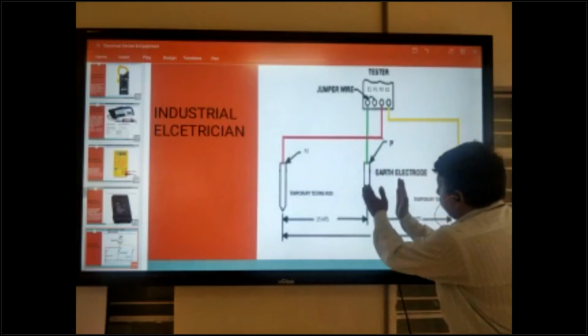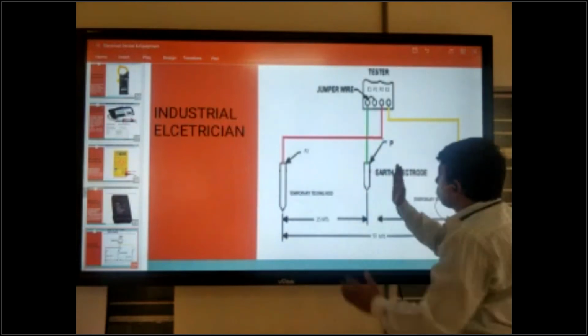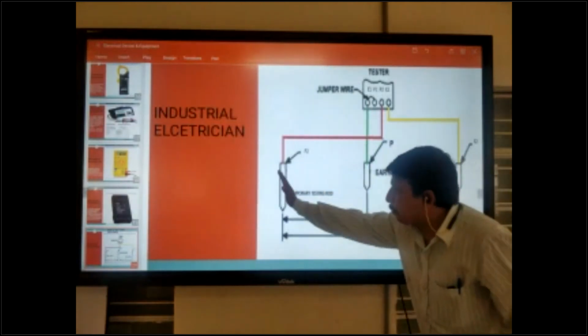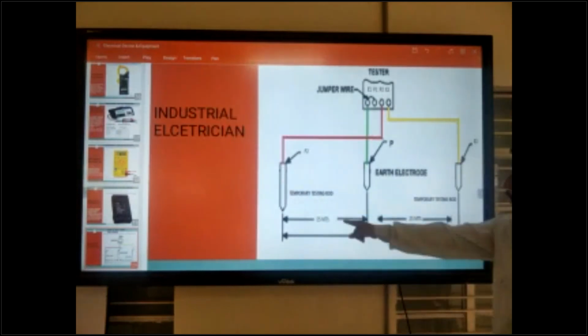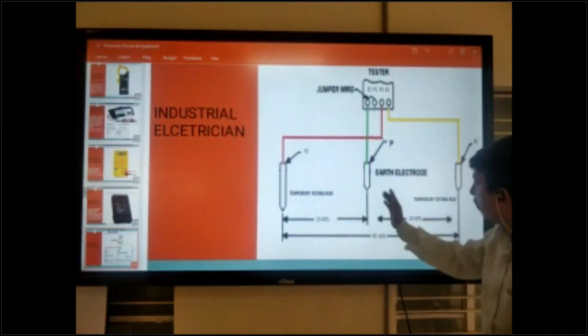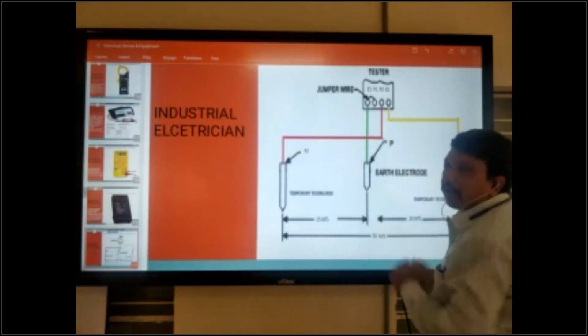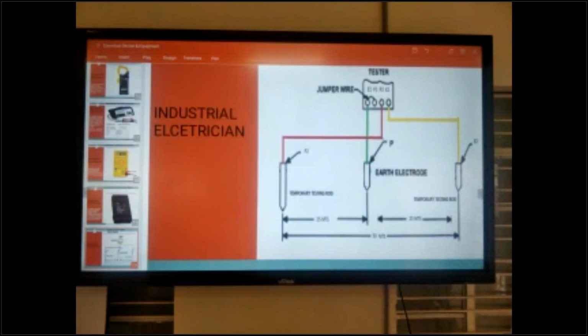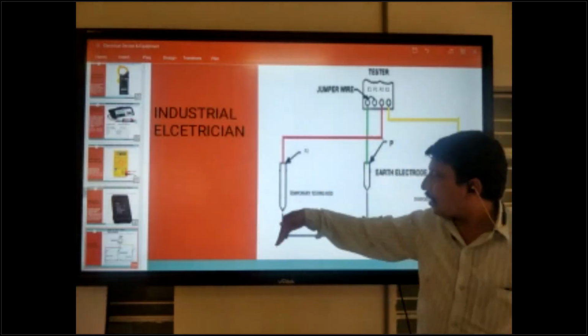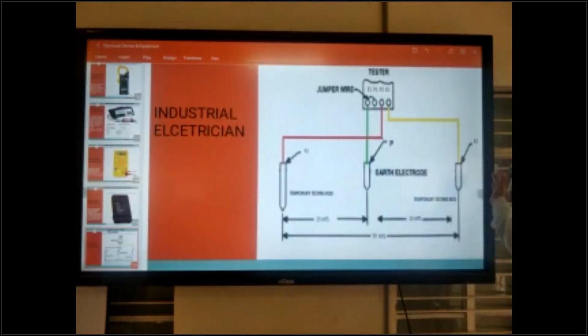So what is the distance between the permanent rod and the temporary rod? 25 meters, and the other is also 25 meters. Always place them on opposite sides of the permanent rod. If you place one temporary rod on the right hand side, place the other on the left hand side.